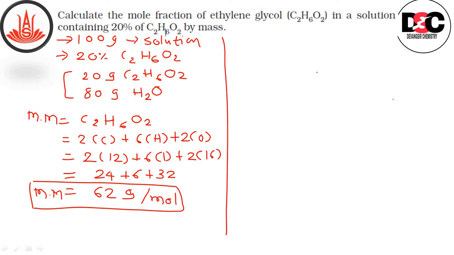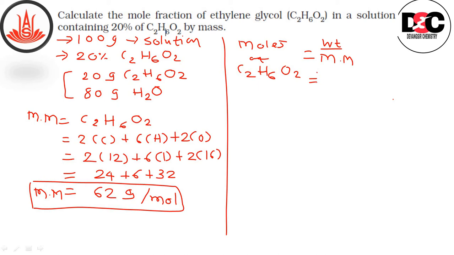Now the next step, we have to find the moles of both, ethylene glycol as well as water. So moles of C2H6O2 is equal to weight upon molar mass.